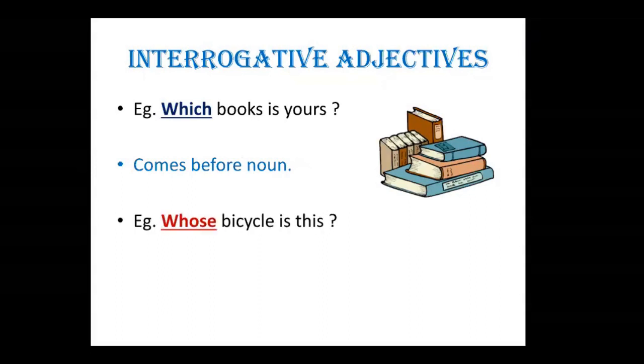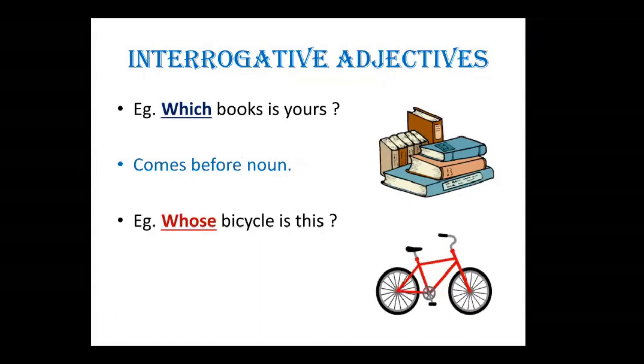Look at the second example. Whose bicycle is this? Here the word bicycle is a noun and the word whose is asking the question. Whose bicycle is this? So the word whose is an interrogative adjective, like which in the first example.